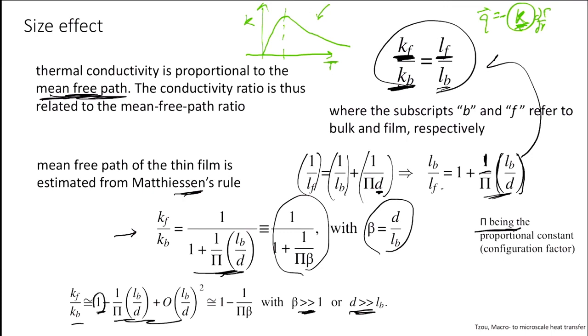And you could see if it's much larger, it is essentially 1. If it's some ratio, if it's not as large, then we would have some correction terms to the thermal conductivity. So the point I want to drive home here is the thermal conductivity actually depends on the size, like what is the size of the film, thin film we are doing or a bulk material.